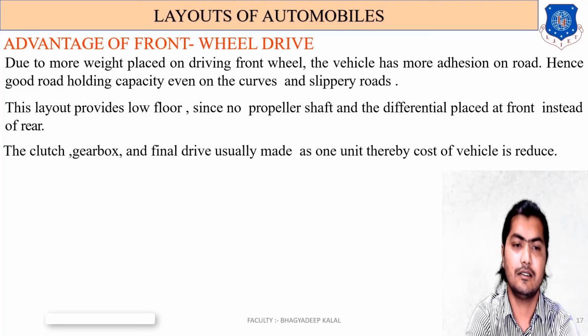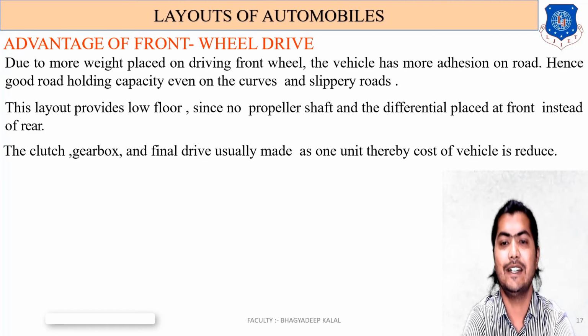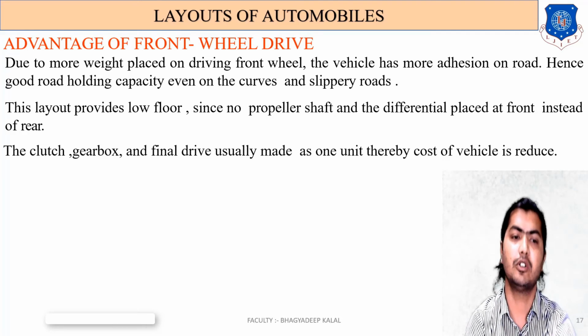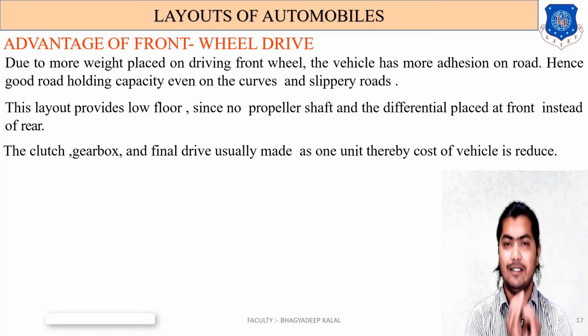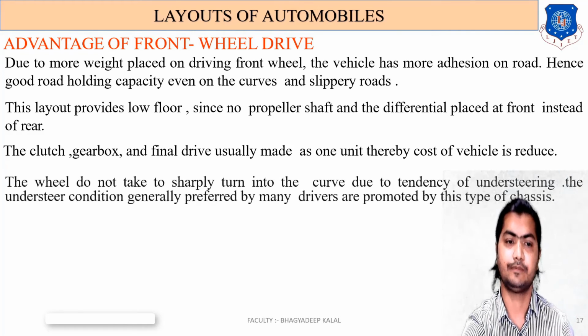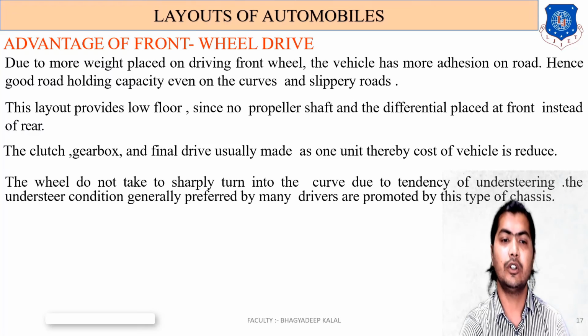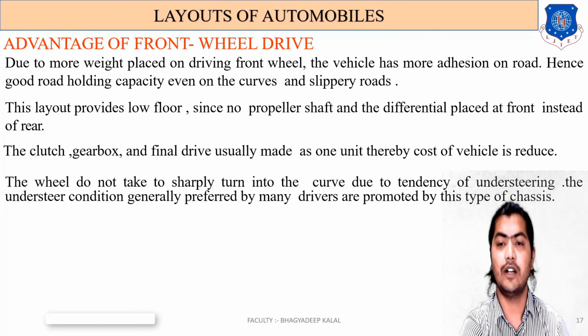Next, the clutch, gearbox and final drive are usually made as one unit, thereby the cost of the vehicle is reduced, because clutch, gearbox and final drive are made as one unit, therefore the total cost of the vehicle is reduced. Next, the wheels do not take a sharp turn into a curve due to the tendency of understeer.